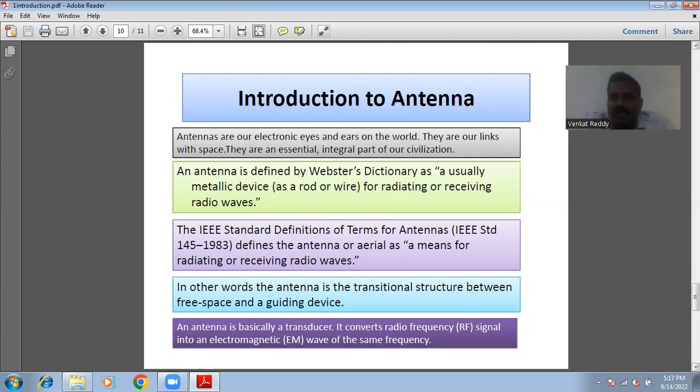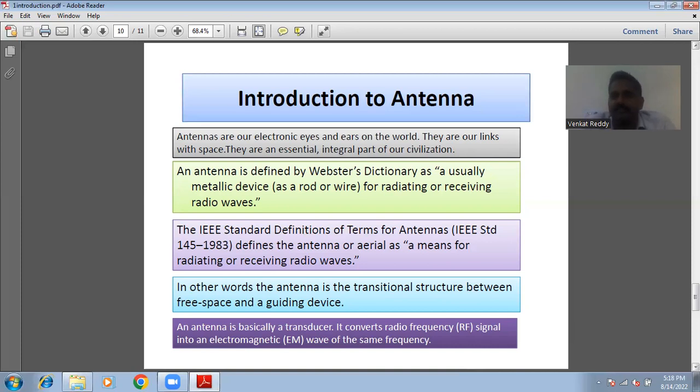An antenna basically converts electrical quantities like voltage and current into electromagnetic waves, electric field and magnetic field, and vice versa. At the transmitter side, it converts electrical energy into electromagnetic energy. At the receiver end, it receives electromagnetic signals and converts them back into electrical signals. So it is a device for radiating and receiving electromagnetic waves.